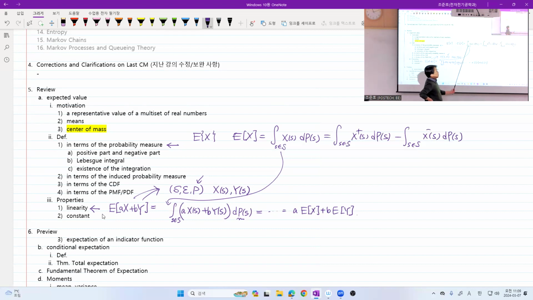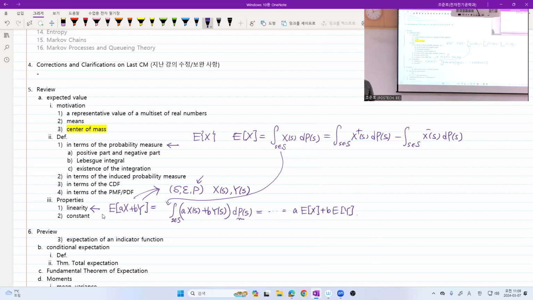So the expected value of a random variable exists if and only if your positive part's integral is finite and your negative part's integral is also finite.